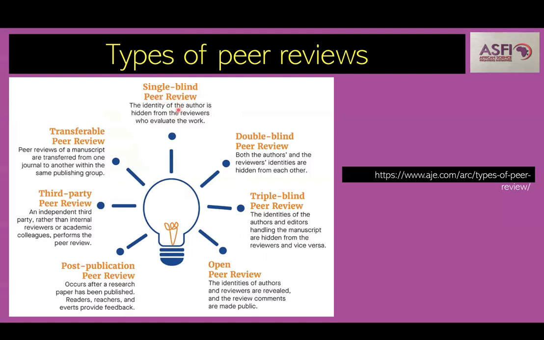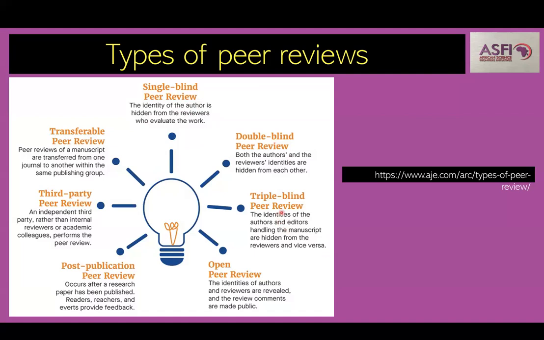The identity of the authors is hidden from the reviewers, or the identity of the reviewers is hidden from the authors. Single blind peer review. You have double blind, in which both the reviewers and the authors do not know each other.